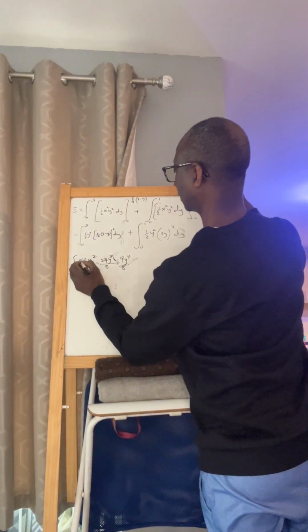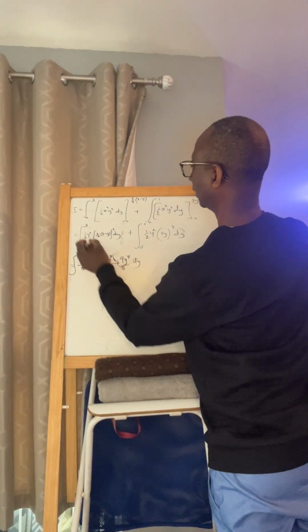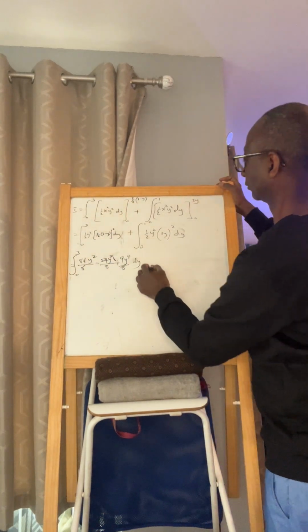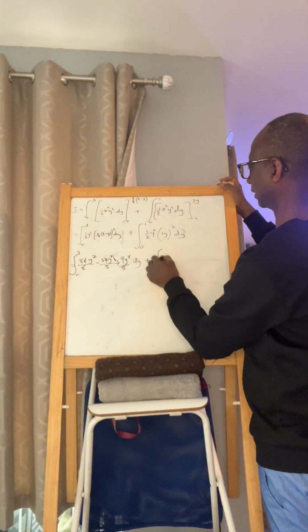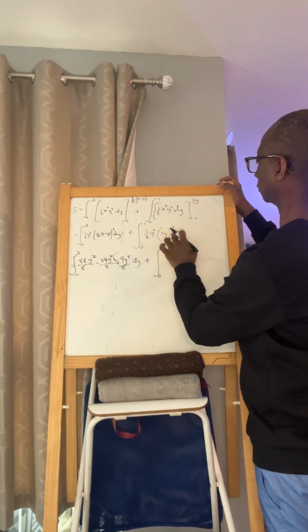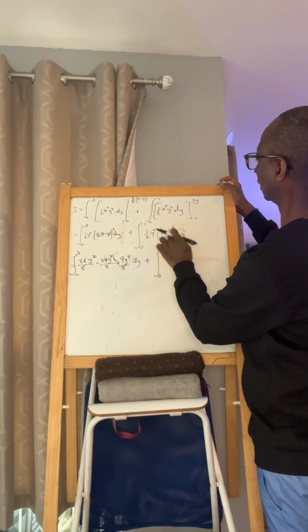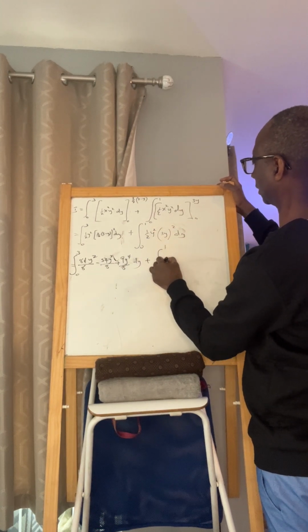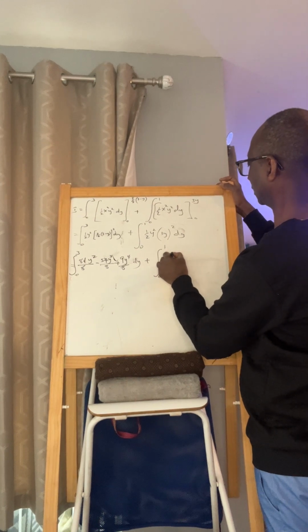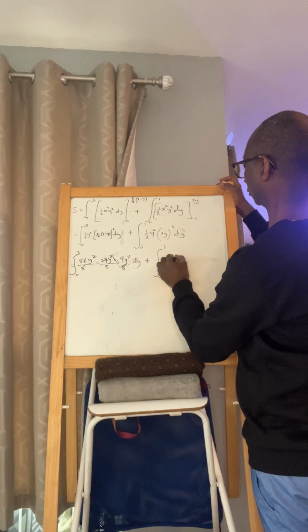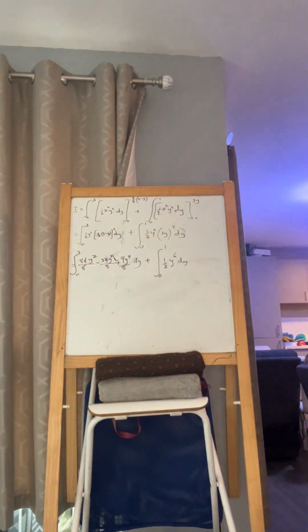This is what you get, and this is dy. And then you have your value here, 0 to 3, plus this one here, a little bit simpler, 1/2 y to the 6 dy.